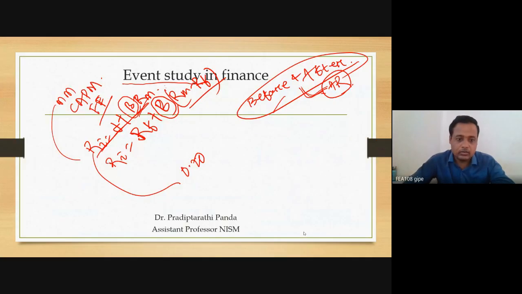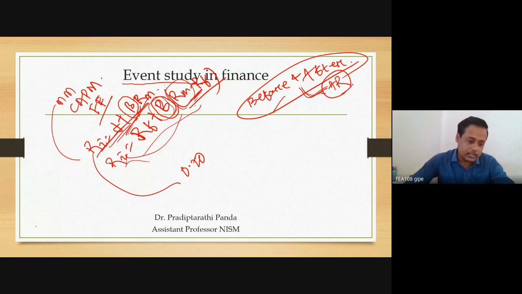So that is how we come out with this market model. Further, if we adjust with the risk-free rate of return, then we come out with the same thing. But how the risk premium is impacting our stock return, that we measure.